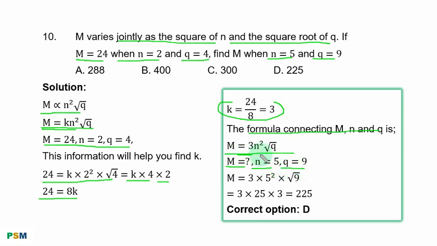You come here and replace n and q with what they stand for. You have this result, and that is 3 times 25 times 3 equal to 225. The correct option is D.